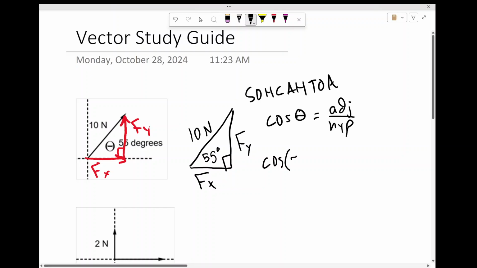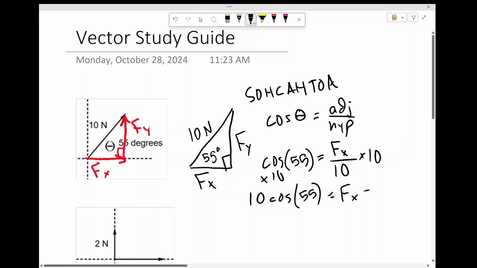So cosine of 55 is going to be the adjacent side, which we're labeling as Fx, over the hypotenuse, which is 10. So multiplying by 10 on both sides, we get 10 cosine of 55 equals Fx, which is 5.74. And that would be in newtons.